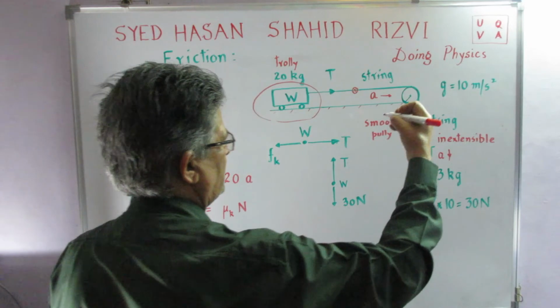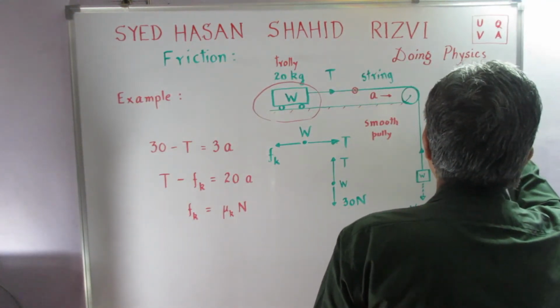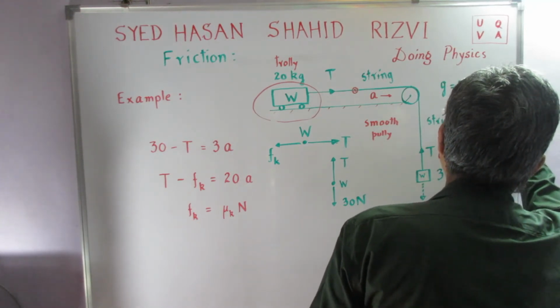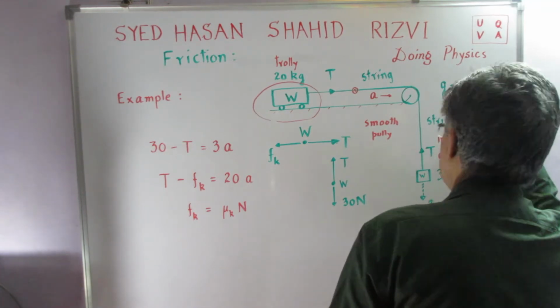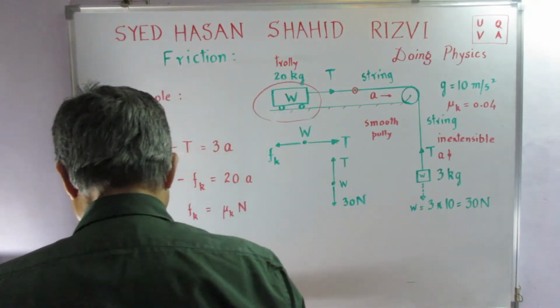I forgot to write that. Mu kinetic here is equal to 0.04. It could be any value, it doesn't matter what the value is. You can always make the calculations like this.